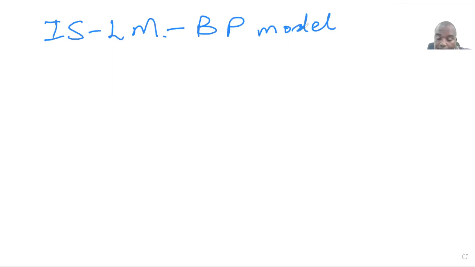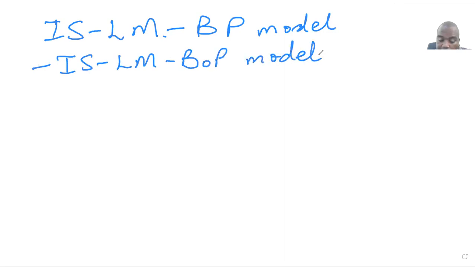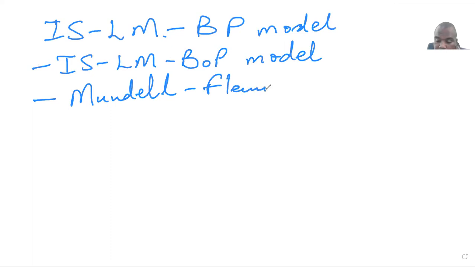This model is also called the IS-LM-BOP model. In most of the literature, it is called the Mundell-Fleming model.